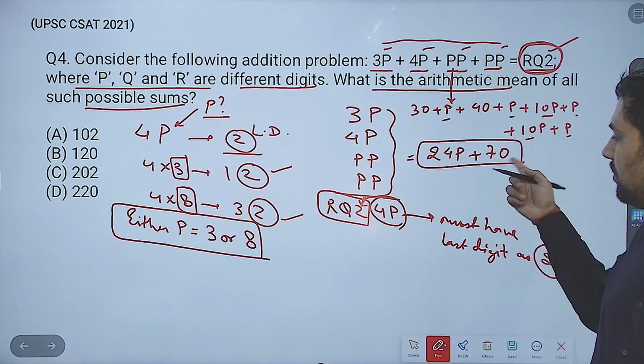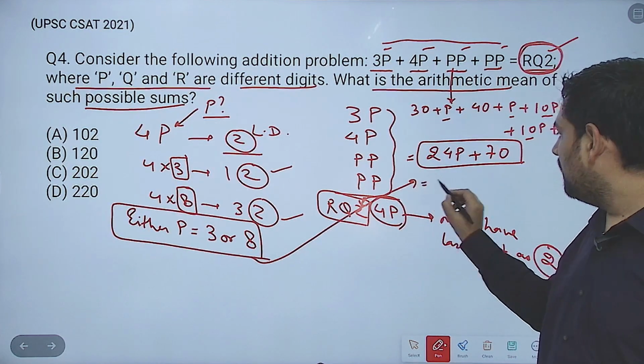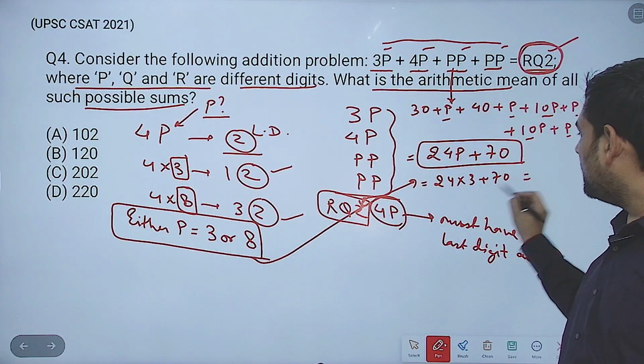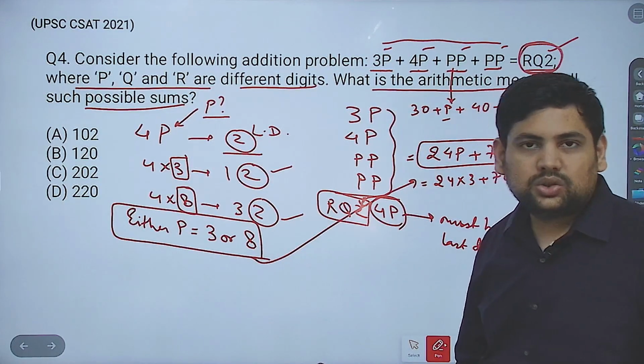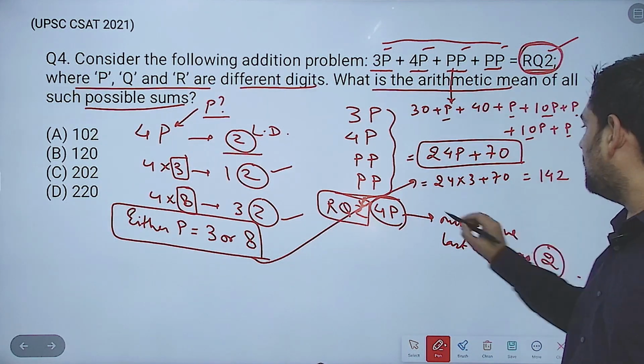Now 24p plus 70. Put p equal to 3 first. 24 into 3 plus 70. 24 into 3 is 72, and 72 plus 70 is 142.